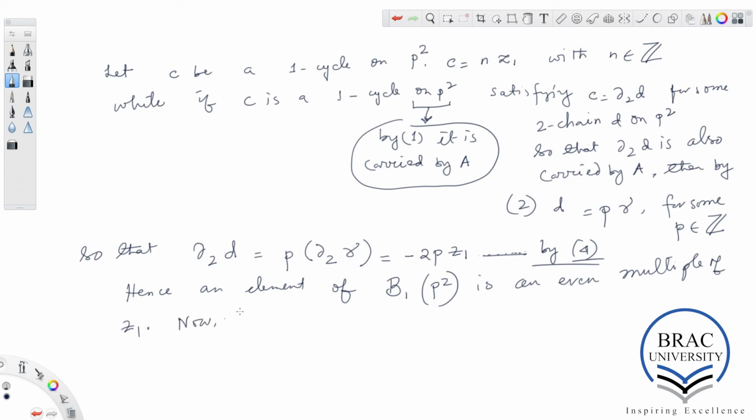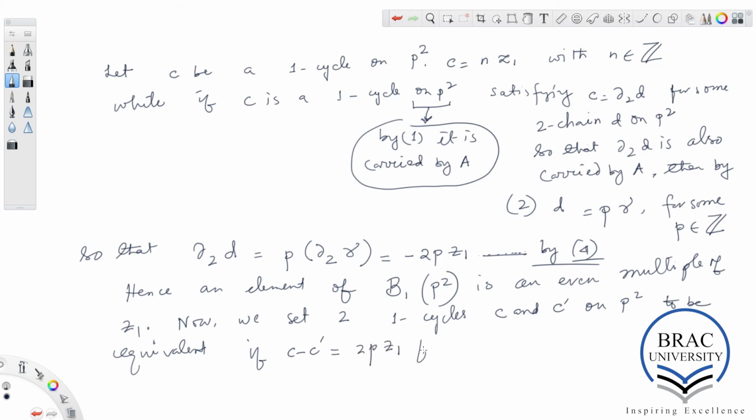Now we set two one cycles C and C prime on P2 to be equivalent if C minus C prime is equal to 2p times Z1 for some p in the set of integers.